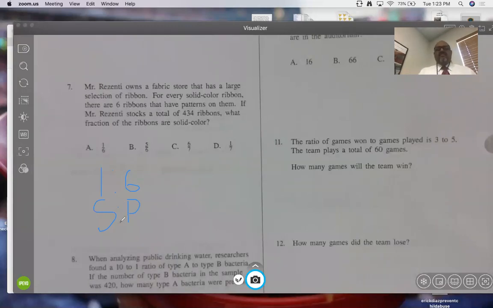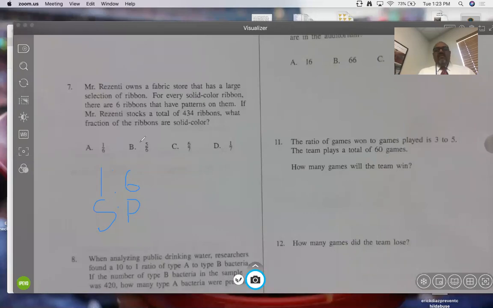Okay? So we know that there is a total of 434 ribbons. So ultimately, we are going to get to 434. How do we get there? It's a little tricky, right? We know that these for sure are going to be out, because my ratio at the very top would be 1.